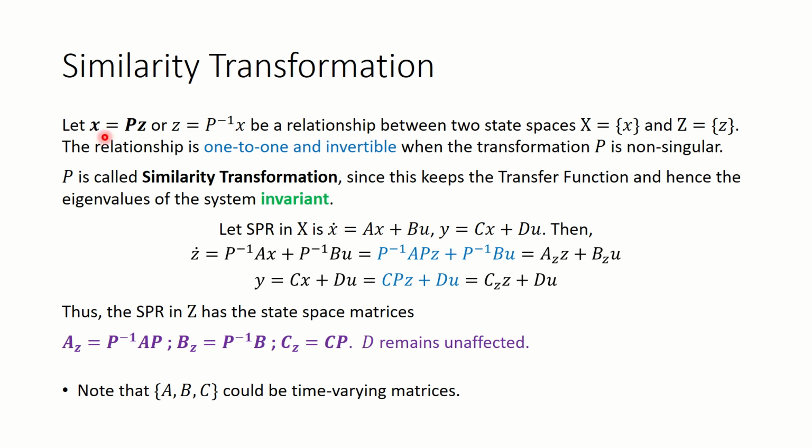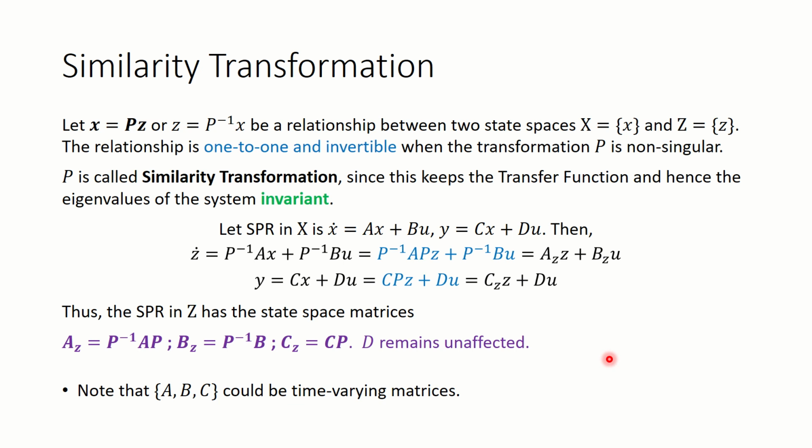So we assume that in one representation, suppose the states are x, in another representation suppose they are written as z. You can think like this. In the phase variable form, they are x1, x2 up to xn.